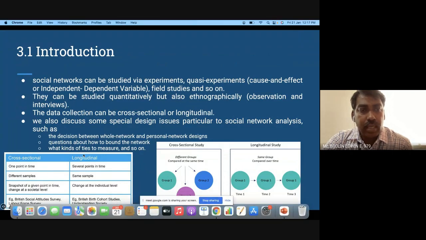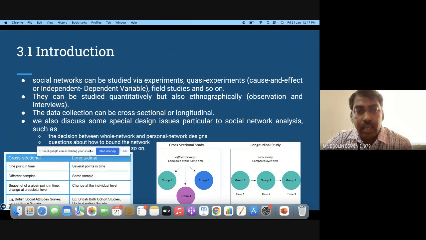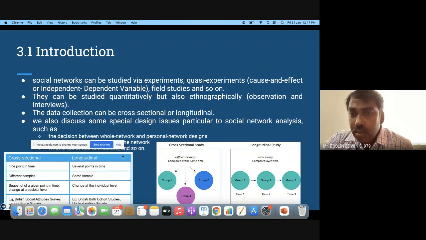One is cross-sectional and longitudinal studies. When you take the cross-sectional, in general it is like an MOU. We sign an MOU with different organizations or institutions.